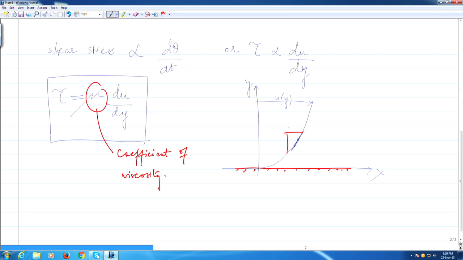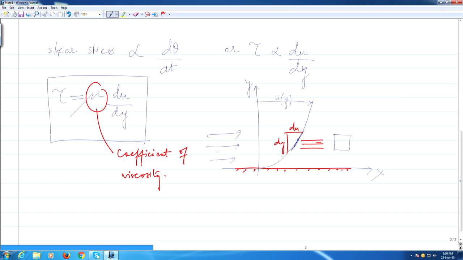So I can basically say that this is du and this is dy, right? So this essentially means the slope of this velocity plot is du/dy. Now this basically means that if I consider a fluid element, this is my plate, and I have incoming fluid like that.